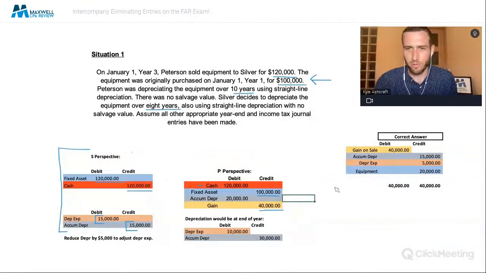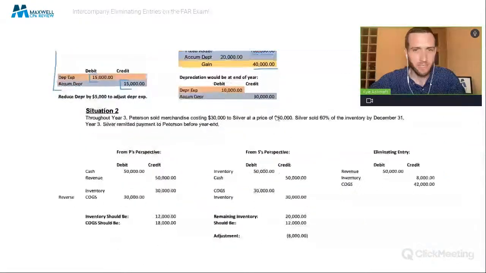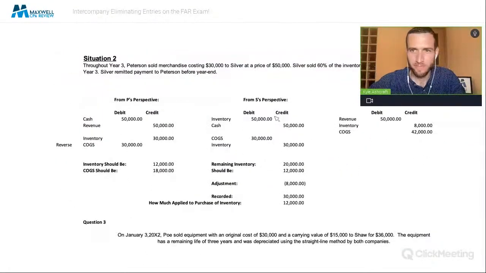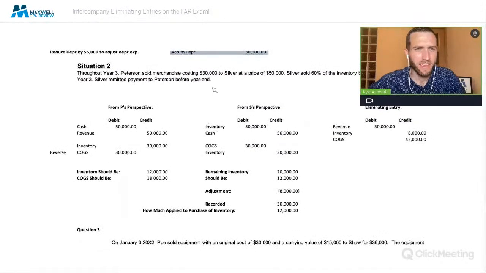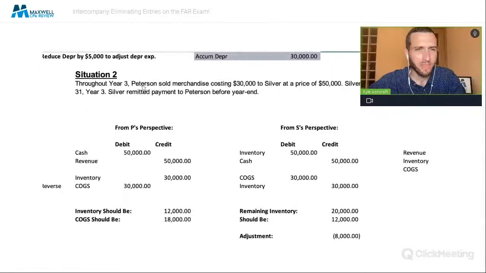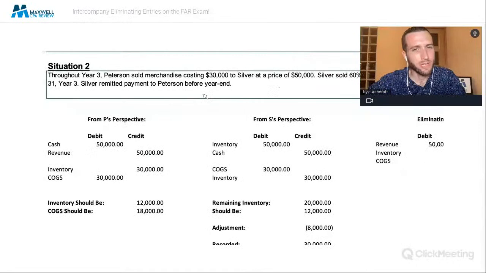For me, I love this approach just because it helps us to break this out step by step. All right, let's look at situation number 2. Throughout year 3, Peterson sold merchandise costing $30,000 to Silver at a price of $50,000.